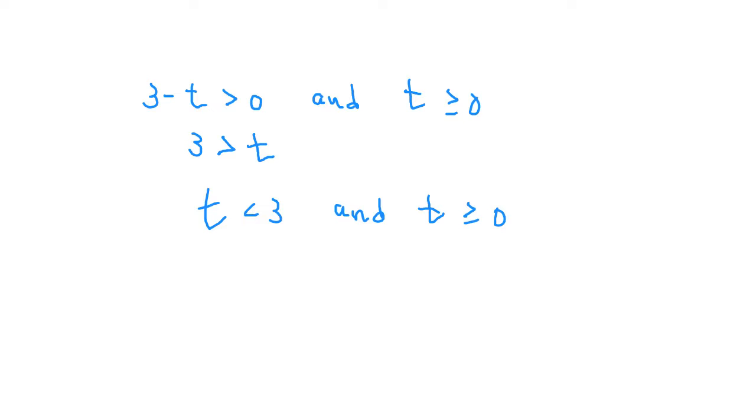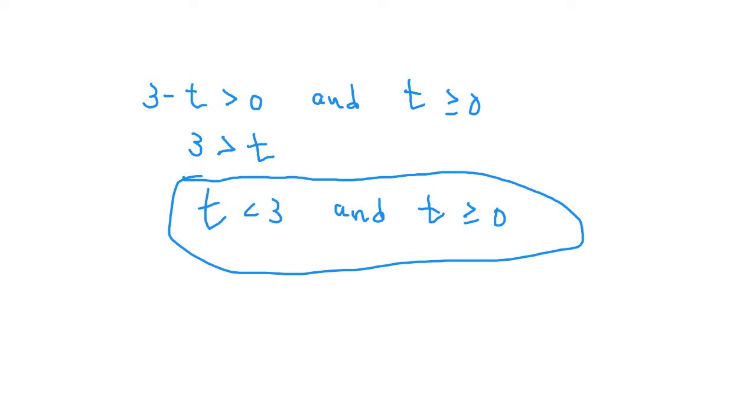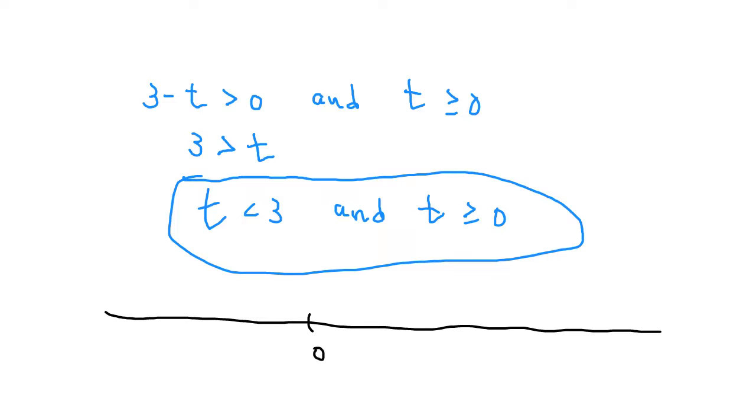This is a compound inequality. And if we were to draw that on a number line here, here's 0, 1, 2, 3, t-axis here, -1. Well, all right, t less than 3 would be here.